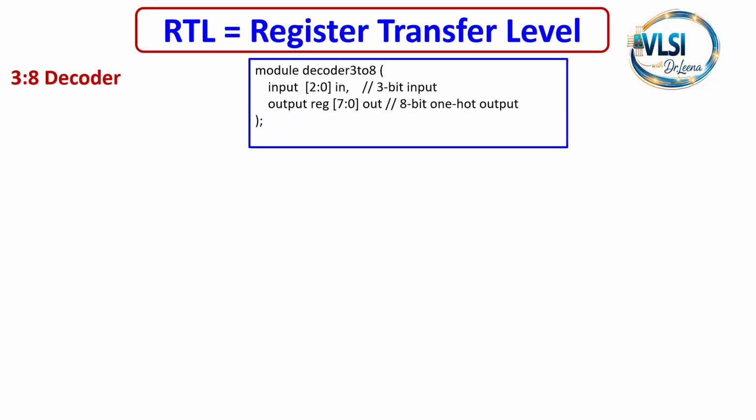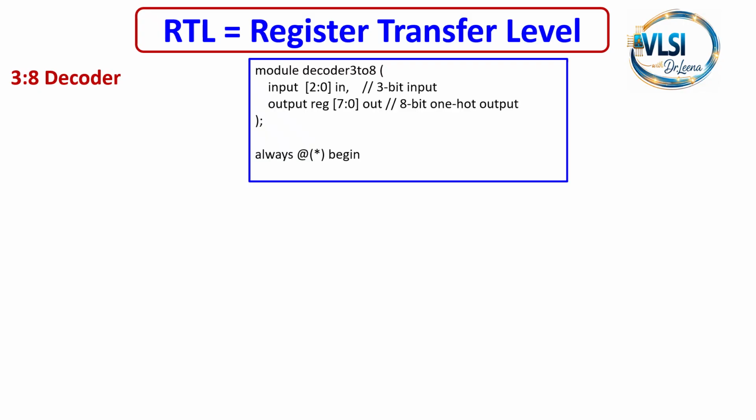After closing this, what are we going to do? We are going to do the operation of this 3:8 decoder. Look at this, we have given always @(*) and begin. This always block describes combinational logic. And this @ star means execute whenever any input changes, and it is used for decoder logic implementation.